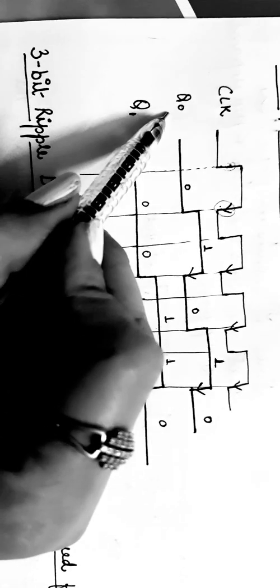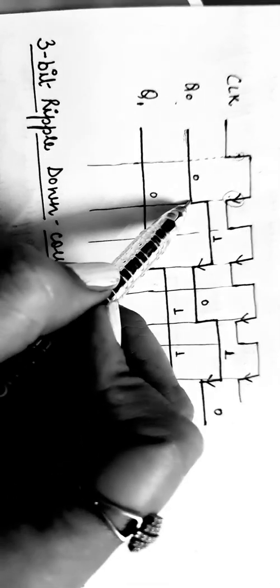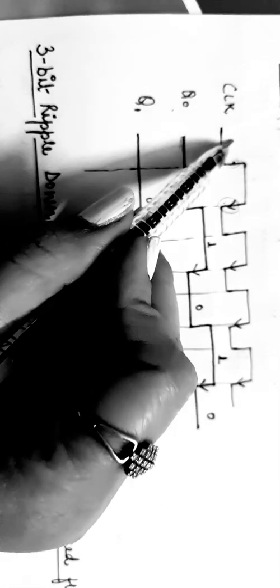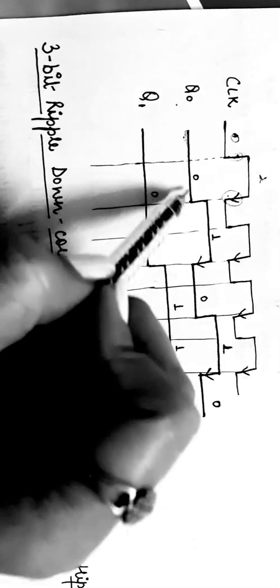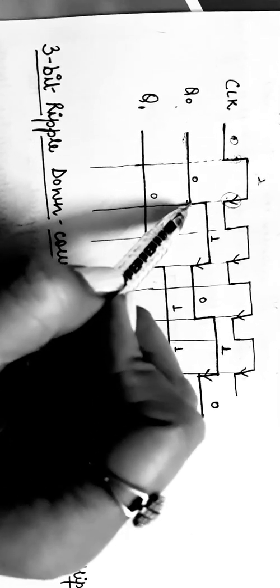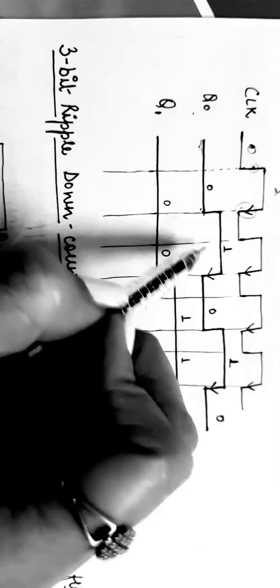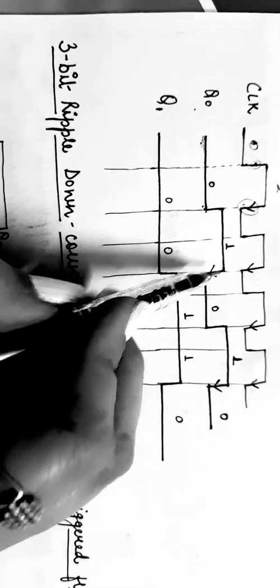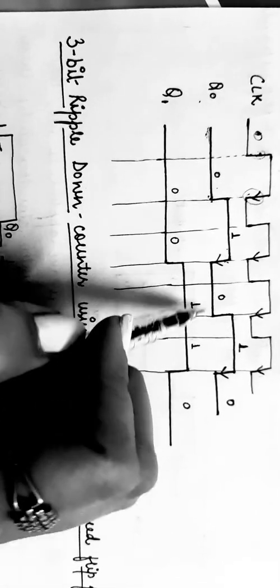So at Q0, we'll see our output remains the same, that is 0 only, because it is 0 and here it is 1. So it will remain 0 until and unless we get the negative edge trigger. After that, it will change, the bit will get changed, and so on.